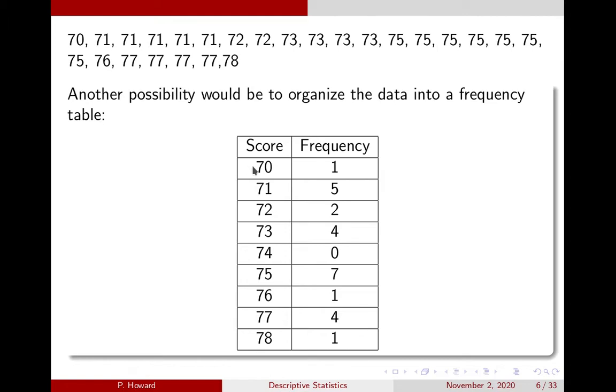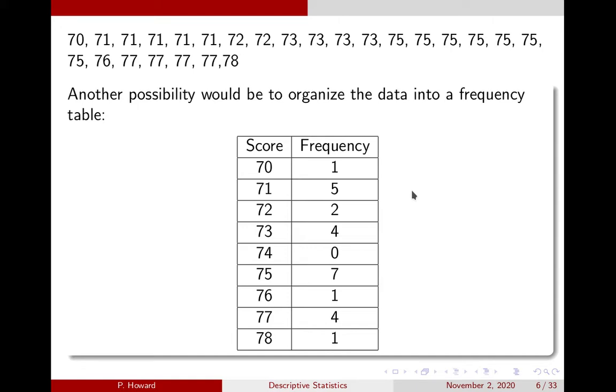The column on the left where we list the scores, 70 through 78, and then the column on the right where we list the number of times that each score occurs. That's what we call the frequency. So the score 70 occurred once, its frequency is 1. The score 71 occurred 5 times, its frequency is 5, and so on.